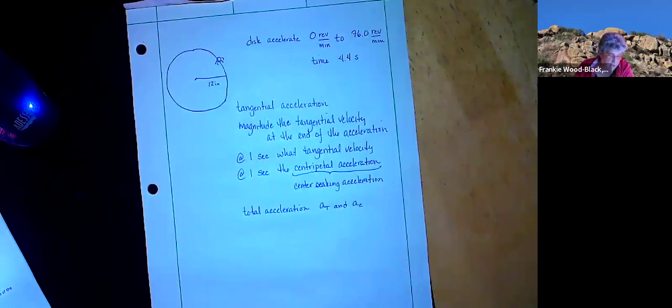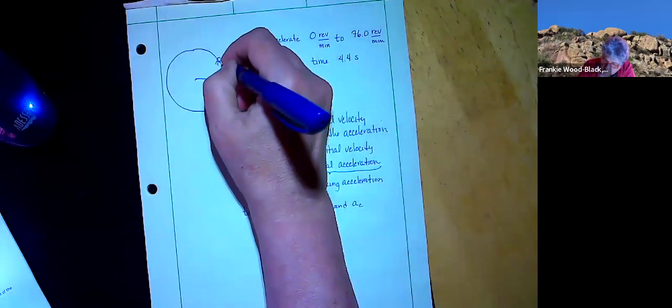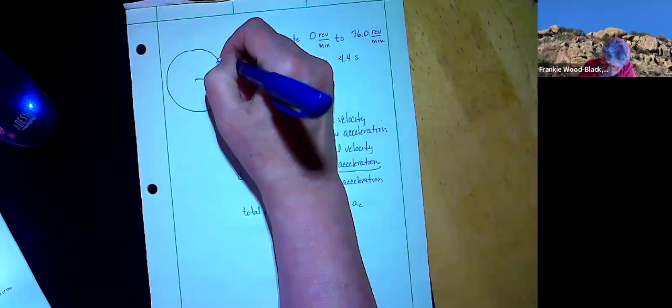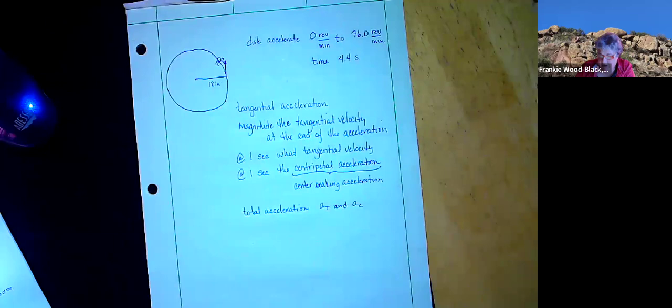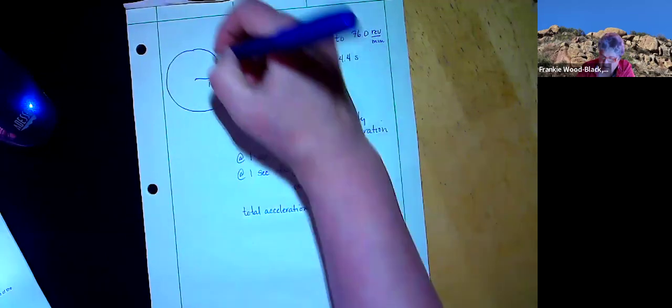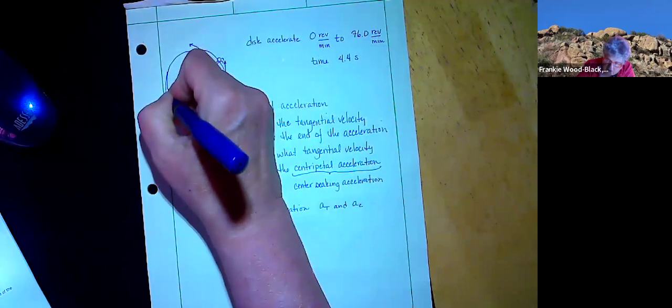So the first thing we're going to have to find is the magnitude of our acceleration tangential. If we're looking at our circle, anything tangential is going to be coming off of our circle at any given time. So if I'm over here, it's going to be here. If I'm over here, it's going to be here.